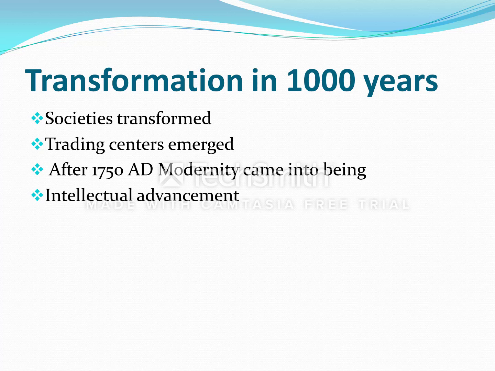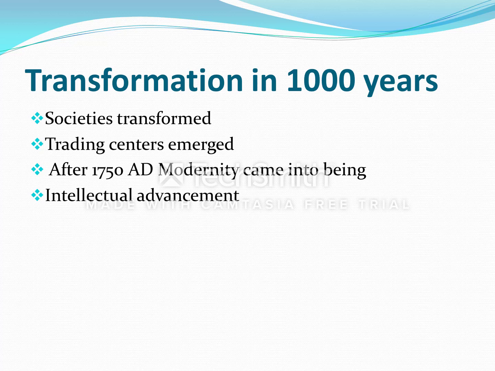These years of Indian history, that is from 700 to 1750 AD, witnessed many changes. Societies got transformed. The economy reached a level of prosperity that attracted the European countries to establish trading centers in our country, India. After 1750, the period was referred to as the modern period.